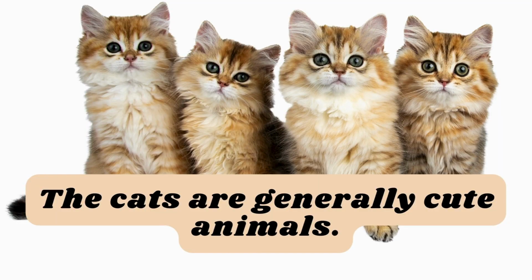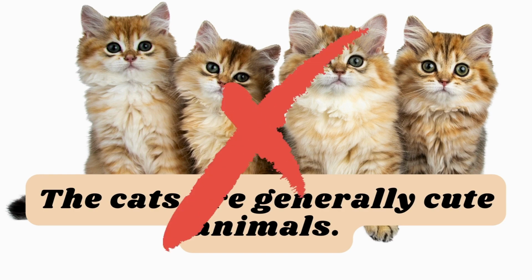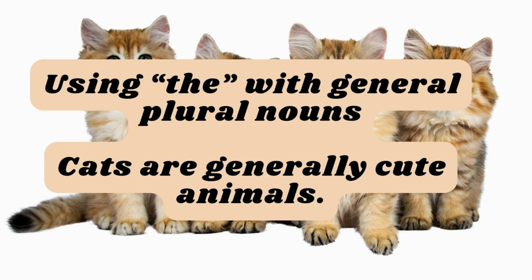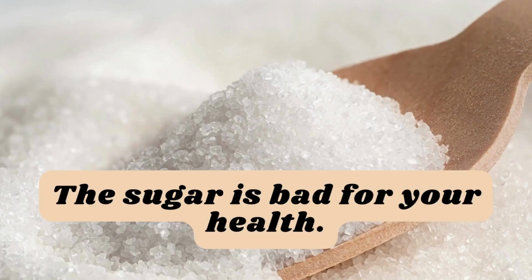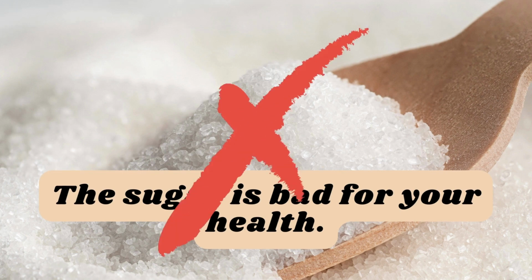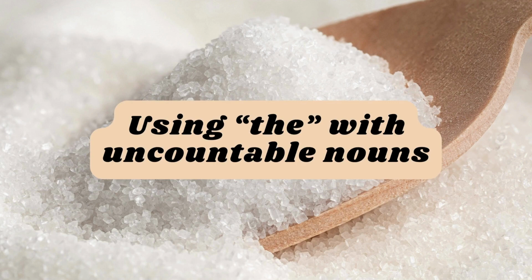The cats are generally cute animals. Well, they are cute, but the sentence is wrong because you used the with a general plural noun. Cats are generally cute animals is the correct sentence. The sugar is bad for your health. Sounds right, but it's wrong because again, we don't use the with uncountable nouns.